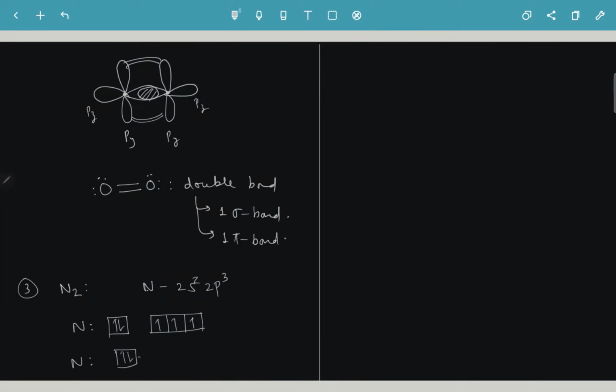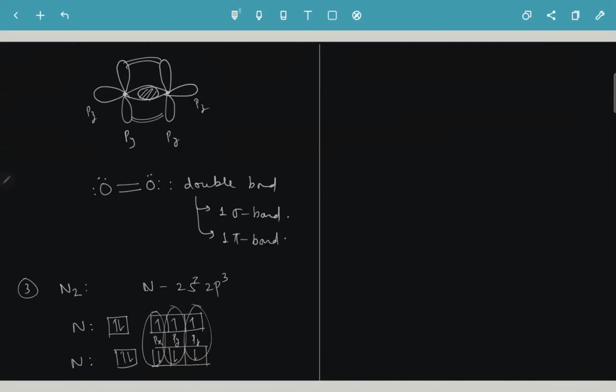So half-filled orbitals of one nitrogen atom overlap with half-filled orbitals of the other nitrogen atom, resulting in three overlaps, three bonds.